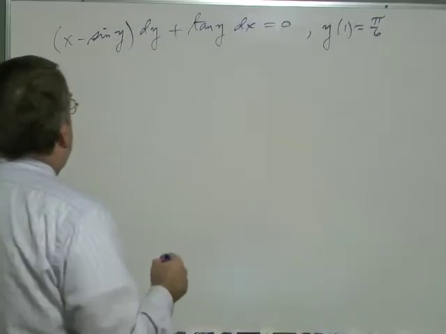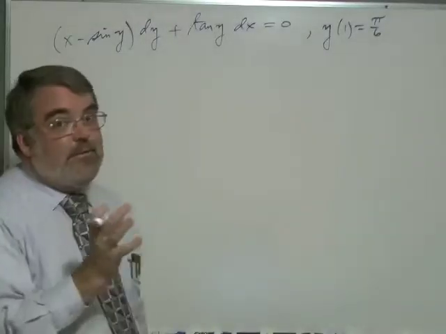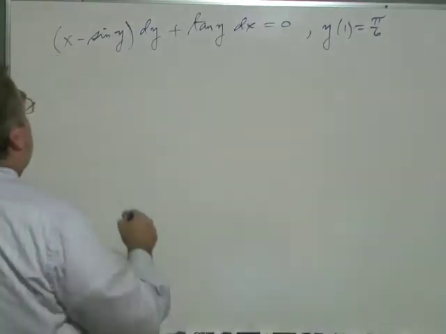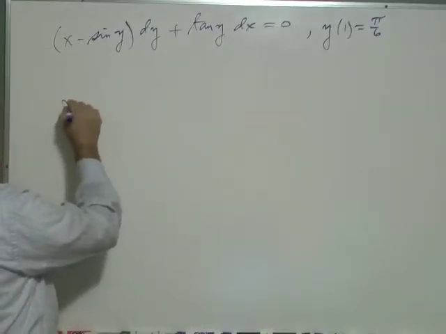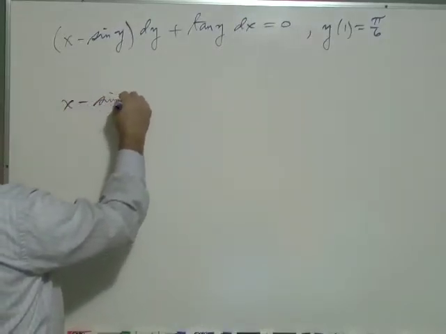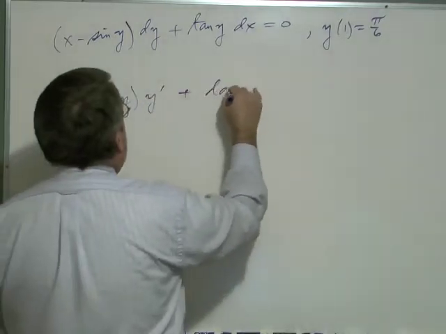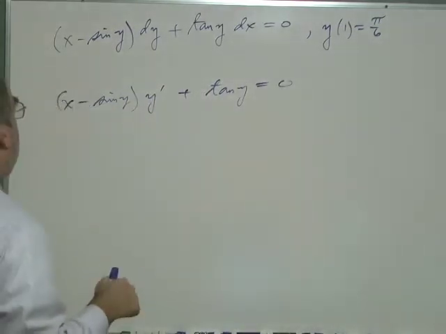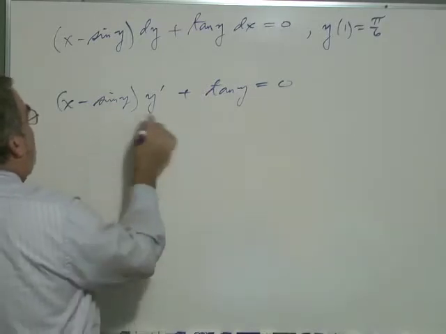And it looked very interesting to me because if we did the normal thing, notice that it's written in differential form. And if I go to put it in derivative form, divide by dx. If I divide everything by dx, I've got x minus sine y, y prime, plus tangent y equals 0. And so to get the y prime by itself, we have to divide by this term here.